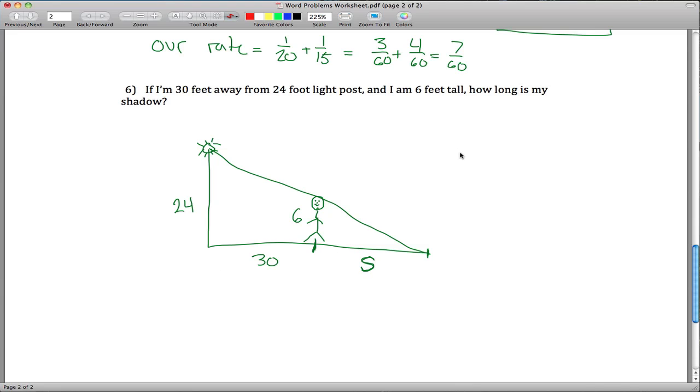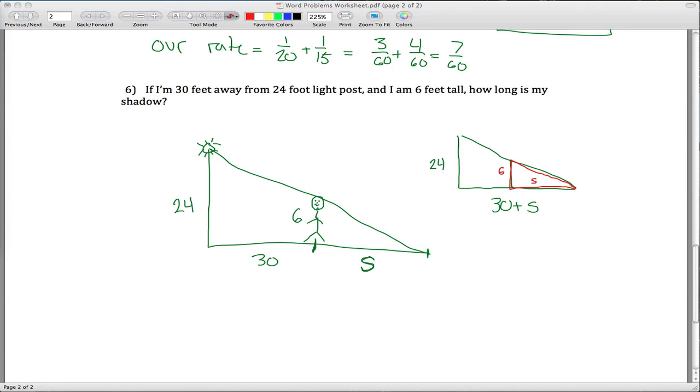Okay, what we do here is we got similar triangles. If you think about this, like we got 2 triangles here. The outside one is 24 by 30 plus S, right? This distance right here is 30 plus S. And the smaller triangle here, maybe I'll draw it in red, is 6, my height, by S, the length of the shadow.